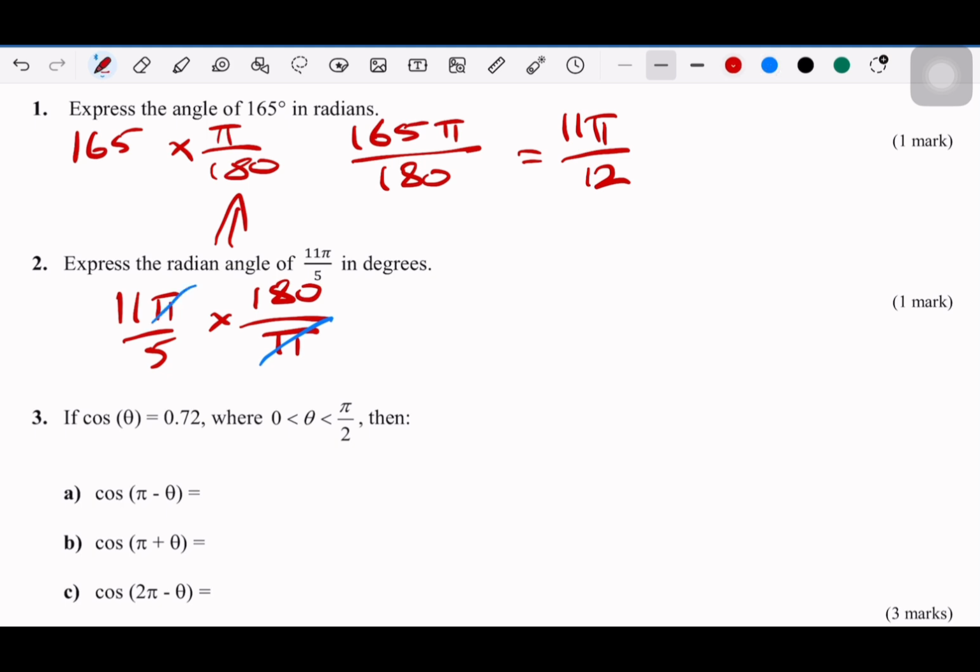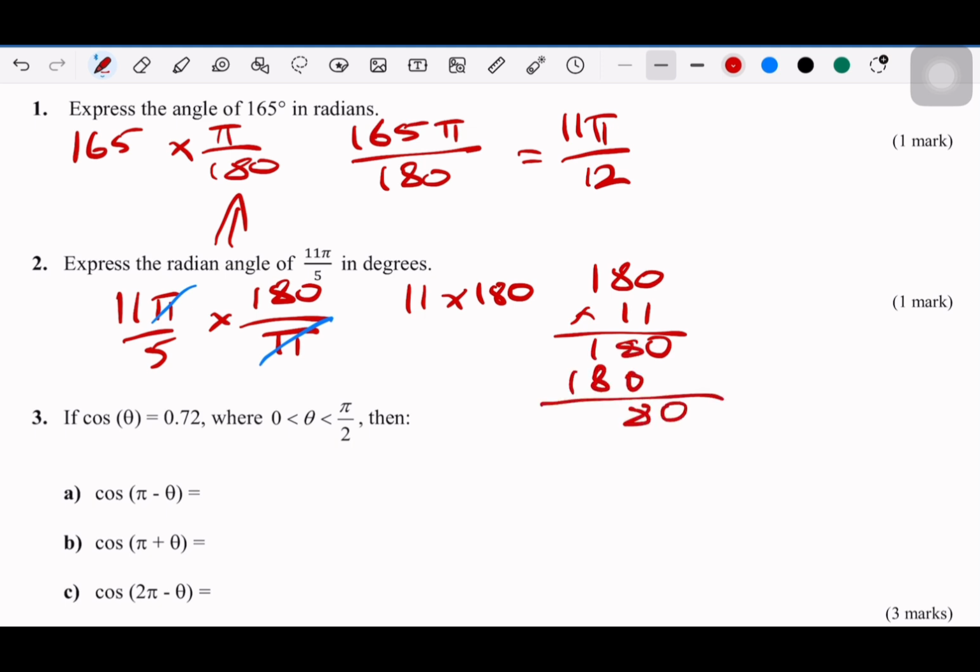And you do 11 times 180, which gives you this number. And remember, 5 is on the bottom, so it's 1980 divided by 5. And if you work that out, it goes to 300.